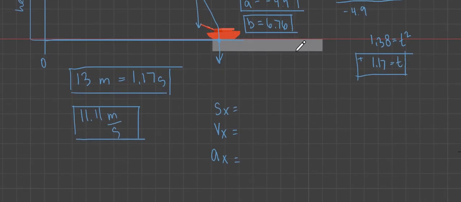You could find the wind's acceleration in the x dimension. But yeah, I'm going to assume that there is zero acceleration left or right.